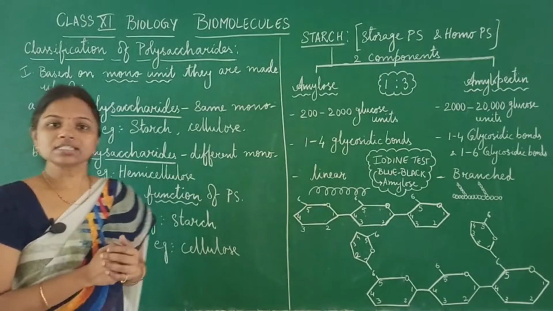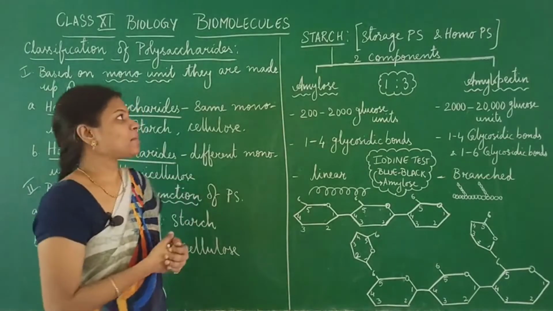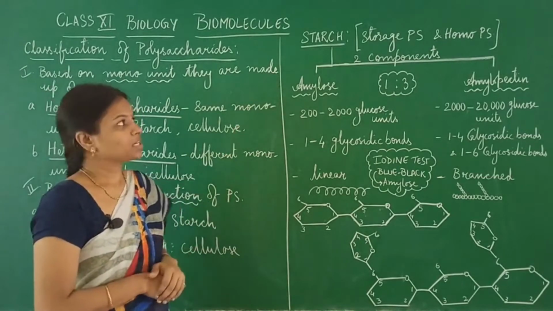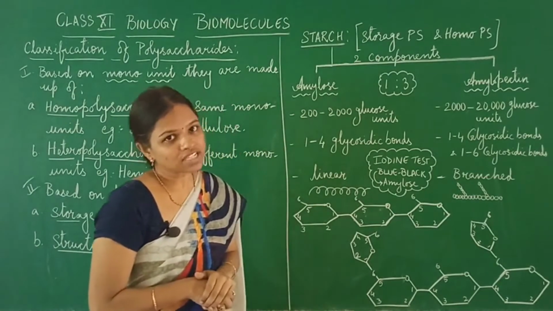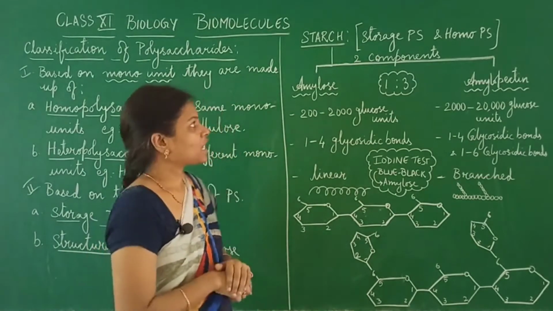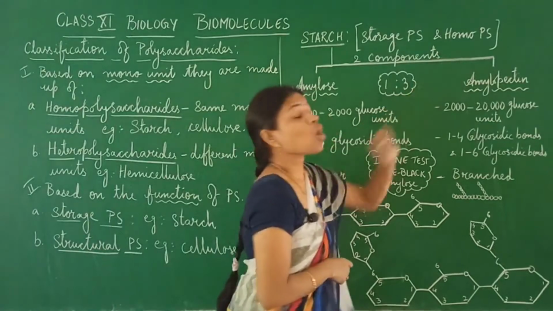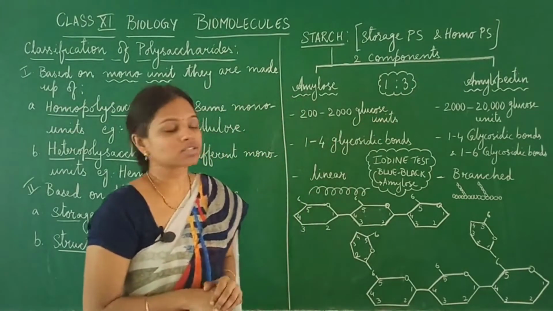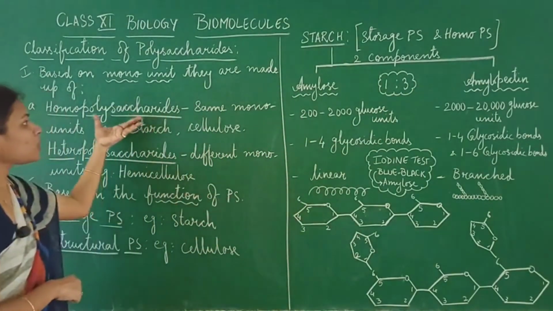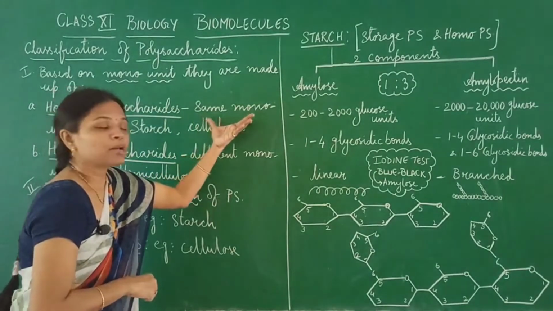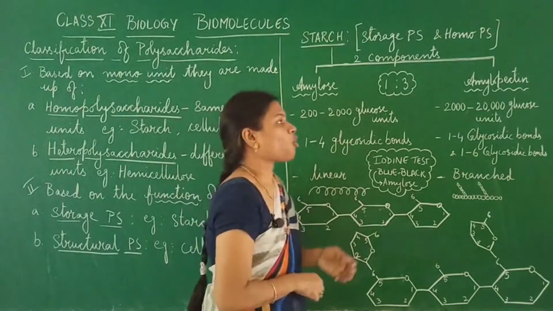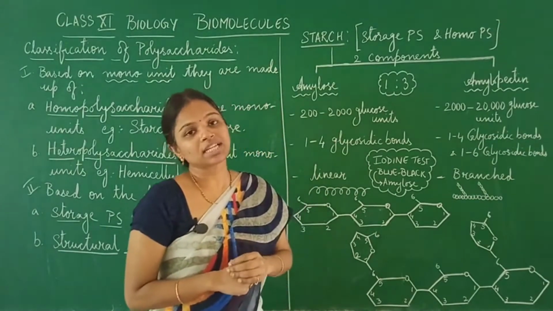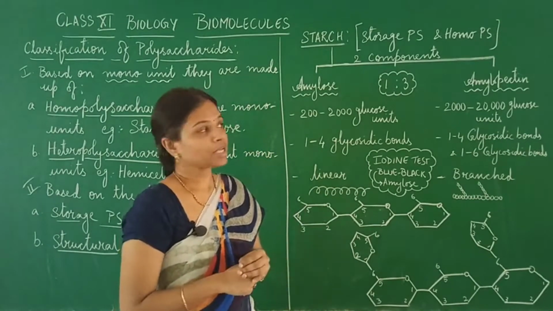Now, let us know in detail about starch. Starch is a storage polysaccharide as food is stored in the form of starch, and it is also a homopolysaccharide because we have learned that homopolysaccharides are made up of same mono units. Starch is made up of same mono unit, that is glucose.